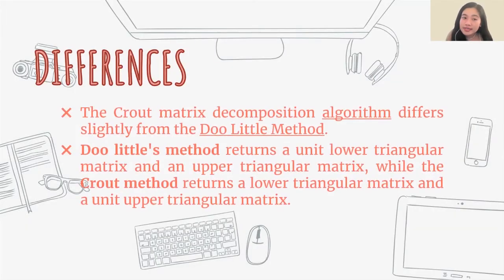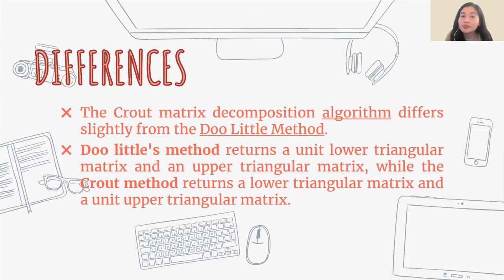So the difference between the two is that the Kraut matrix decomposition is an algorithm that differs slightly from Doolittle. The Doolittle method returns a unit lower triangular matrix and an upper triangular matrix, while the Kraut method returns a lower matrix and a unit upper triangular matrix. So the Doolittle and the Kraut methods are somehow reversed when it comes to the process.